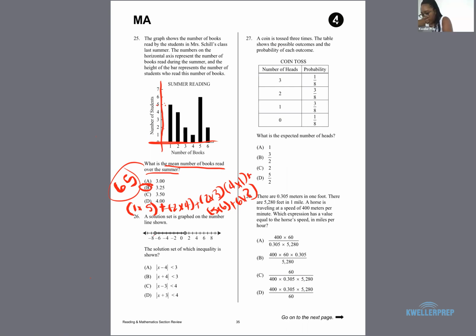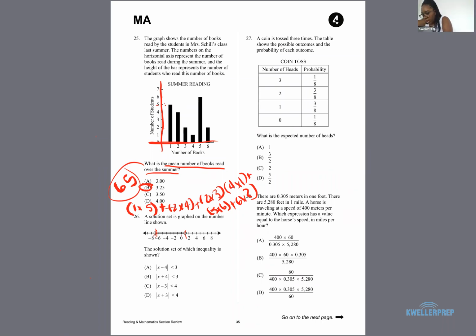So now we do 26. A solution set is graphed on the number line shown. So it's these values between 1 and -7, because it's between 0 and 2, between -6 and -8.